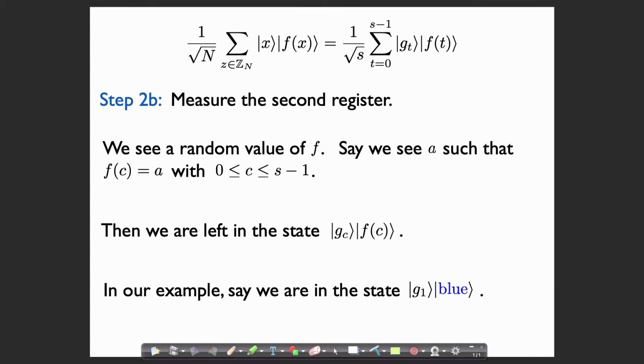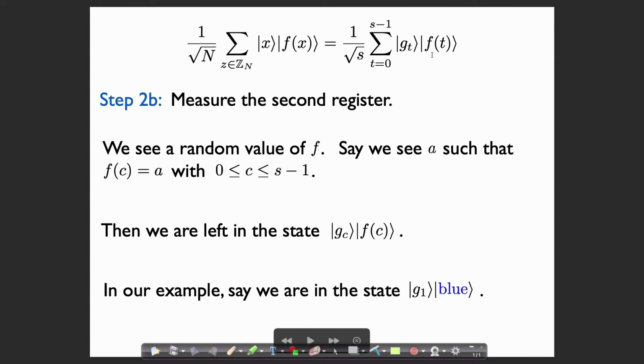As we did with Simon's algorithm, we are now going to measure the second register. Again, this step is not critical for the working of the algorithm. It's just to make our presentation simpler. When we measure the second register, we're just going to see a random value of f, since we have a uniform superposition over these states.